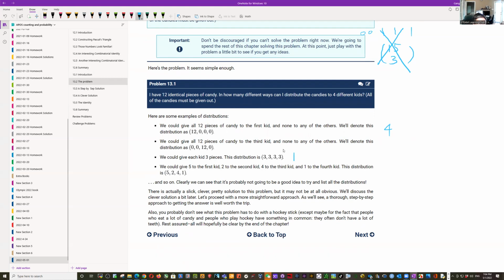So 5, 4, 2, 1 could be ordered among 4 kids in 4 factorial ways. And there are a lot of this type. Then there could be 6, 3, 2, 1, also 4 factorial.